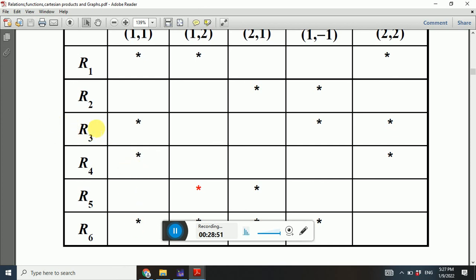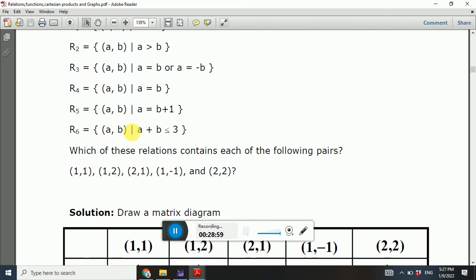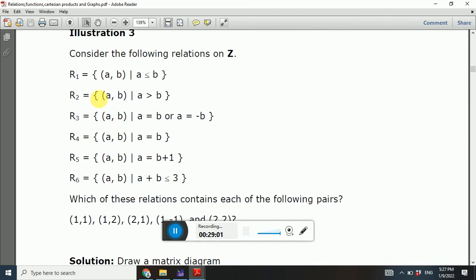Okay, so in this case, let me see, R3, I think this must have been a mistake. Let's see, what is R3? Oh, R3 we have (A, B) such that A is either equal to B or is equal, yeah. So, yeah, this was a mistake. For R3, there are two conditions.